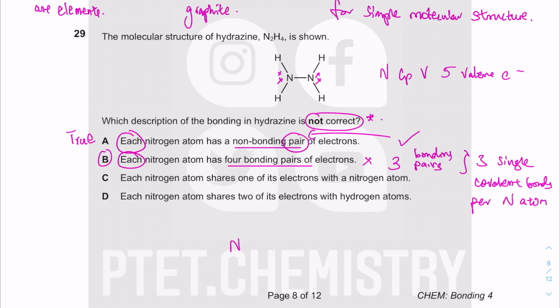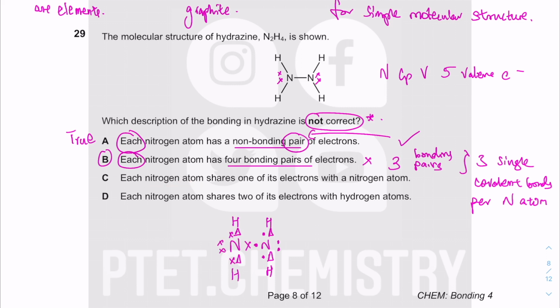If I show this nitrogen as cross, then I will show it with a dot for this other nitrogen. Sorry, I do not want to show a double bond, I want to show a single bond. If I use triangle for hydrogen, dot triangle, cross triangle, cross triangle, then I have dot for nitrogen, cross for nitrogen.